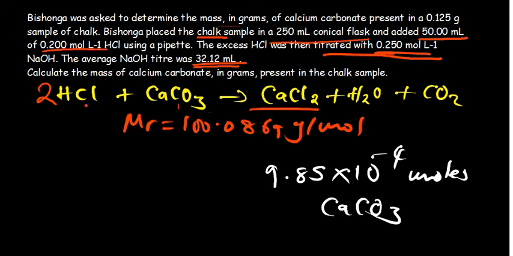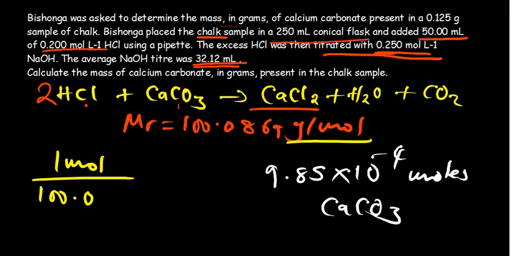How do you find the mass? Realize that the number of moles is mass divided by molar mass. Looking at the units, my molar mass is in grams per mole. So I can say per every mole of calcium carbonate there is 100.0869 grams.